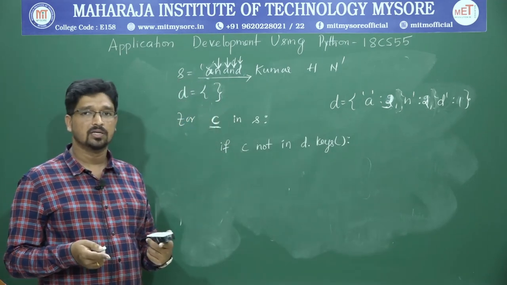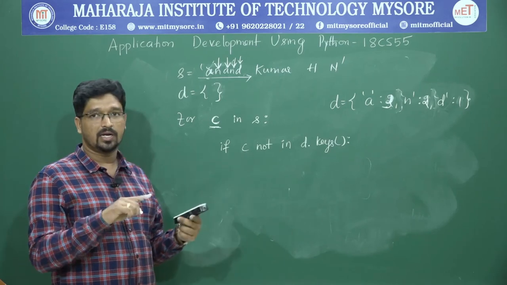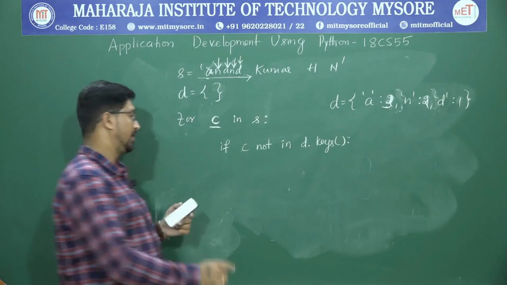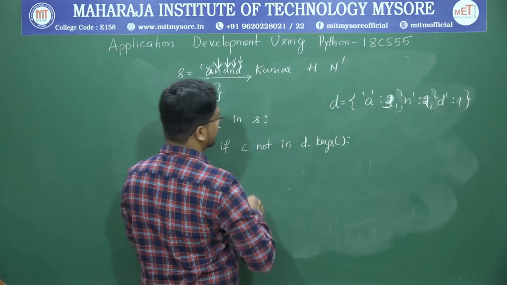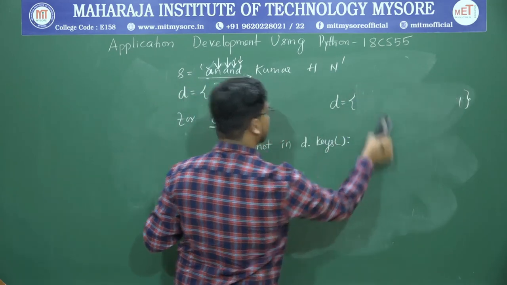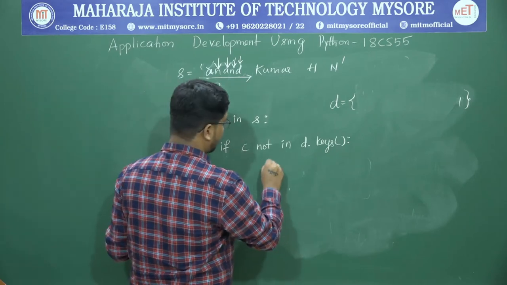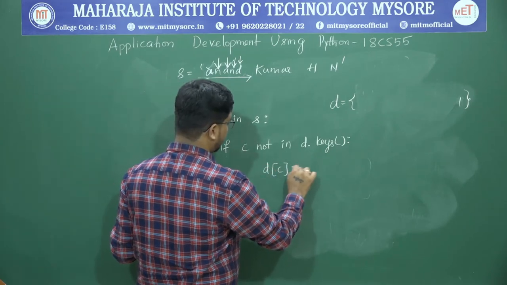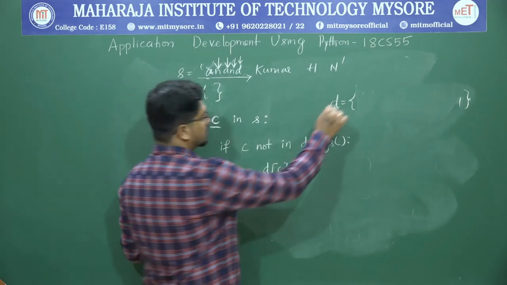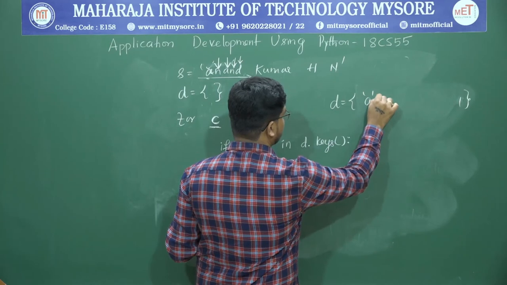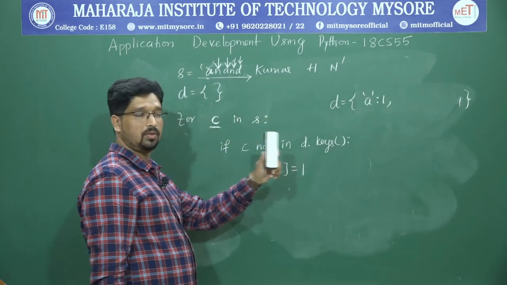If it does not exist, I will add the character to the dictionary and make the count 1. A is initially not present, so the dictionary is empty, and not in means it will go inside. Then what I will do? d of c is equal to 1. What it means is, a becomes 1. A is 1 now.